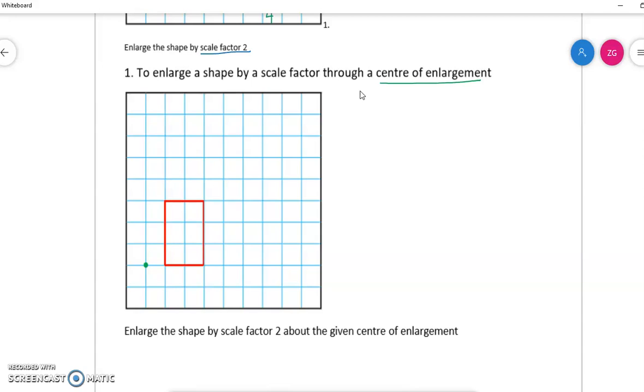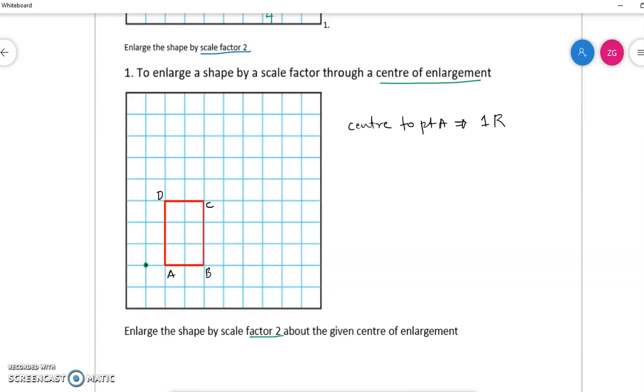Now the scale factor is 2, and the center is at this point. We need to enlarge the shape. This is the type of question that you are going to get. Let's name the diagram A, B, C and D. From the center to point A, the movement is one right.